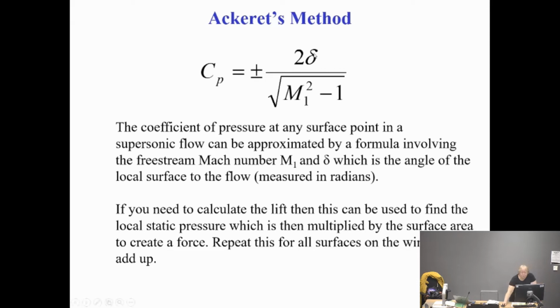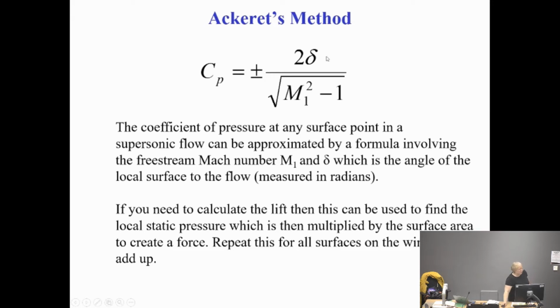So therefore, if you can work out what angle your aircraft or wing has locally, so you have a number of deltas over the surface, you can actually work out at each of those points what CP is. And basically this is the free stream Mach number. So this is the Mach number we're travelling at.